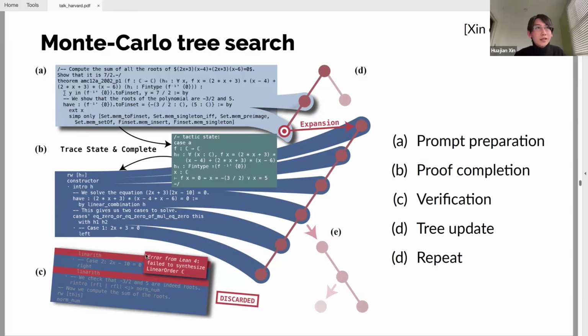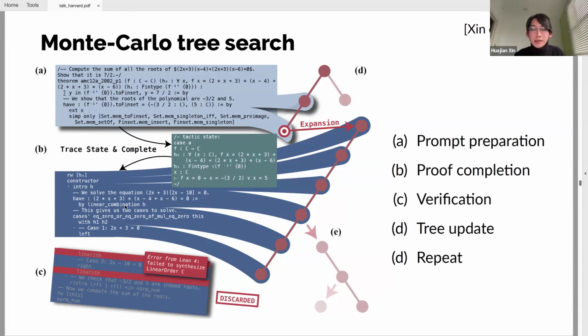Indeed, as I illustrated here, if a tactic fails, then we discard all of them. That is, the failed tactics will not occur in this search tree. And every time we expand from a successfully applied tactic and continue, for example, we have successfully applied this tactic and we have a new state.